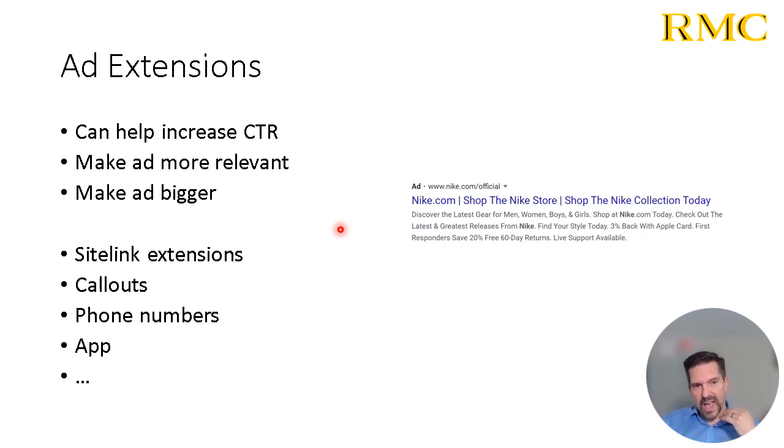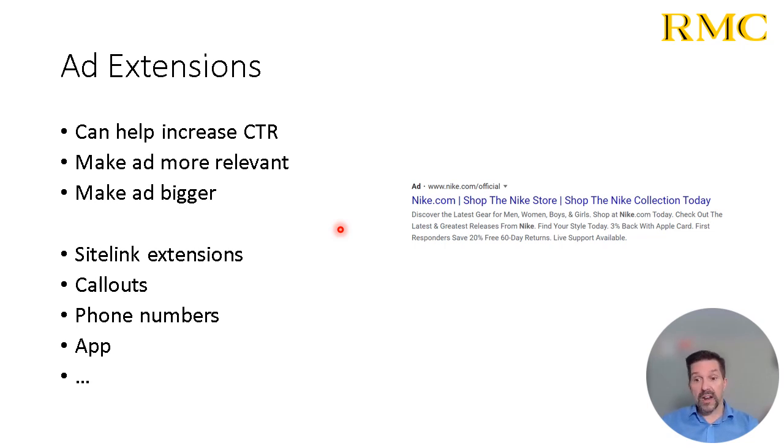So this ad extension makes the advertising larger, and because the advertising is larger, there's plenty of research that shows that people are more likely to click on the ad because it takes more real estate. So if people are scrolling, especially on the phone, you're going to click on the first ad and you didn't even get to see the second one maybe because your ad is so big, especially if you're on a small screen.